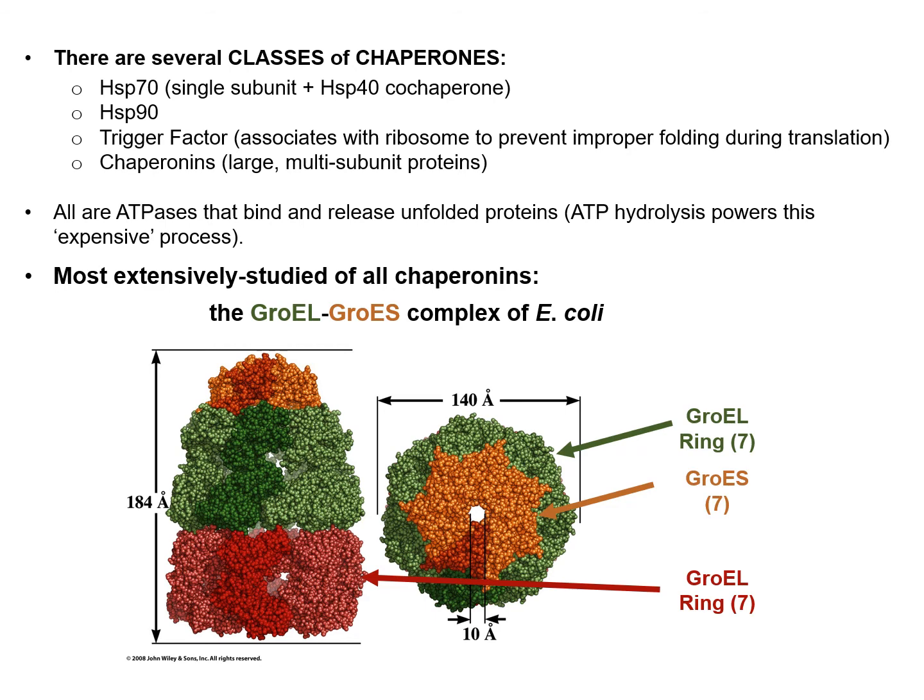The most extensively studied chaperone is the GroEL-GroES complex of E. coli, and the structure is shown here with the side view and the top view. It consists of 14 GroEL subunits, which form a huge barrel that a misfolded protein can fit in, and also a cap, which is GroES.